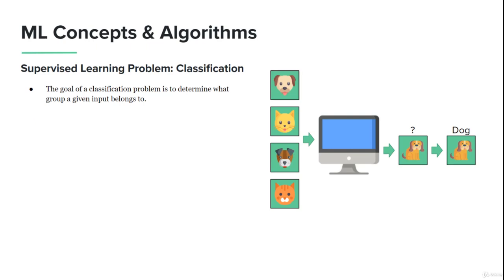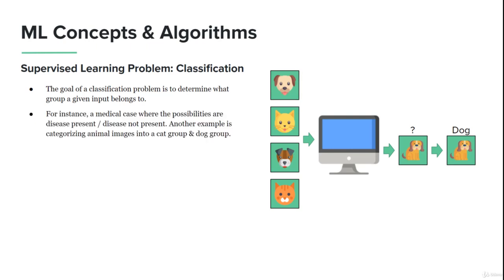What we're looking to do here is understand how to get the machine learning algorithm to classify the right type of animal. For instance, a medical case where the possibilities are disease present or not present, right? And then the other example, like I mentioned, having the dogs and the cats, and being able to classify them in the right group.